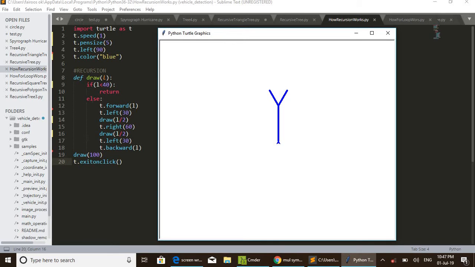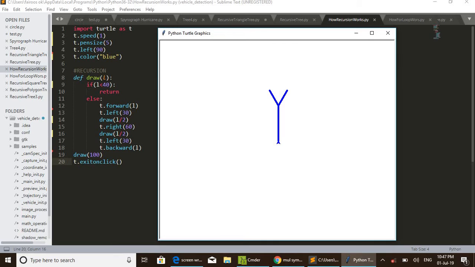In this code itself we can see in 14th line and 16th line we are calling the same function draw L by 2, draw L by 2. In these two lines we are calling the same draw function inside this main draw function. Actually by that this recursive procedure happens.